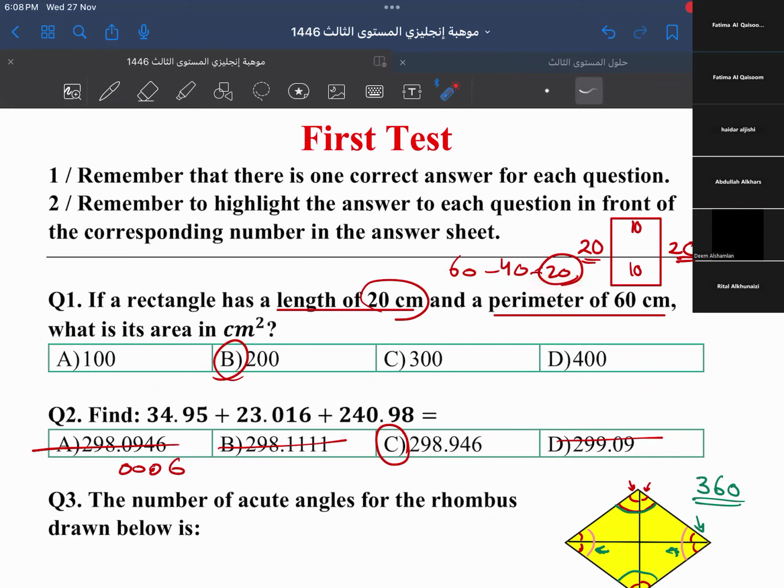So then we divided 20 by 2, and we had the width equals 10. So the area would be 20 times 10, which equals 200. Okay, so the answer is B.